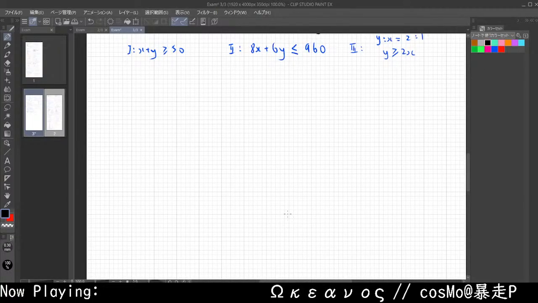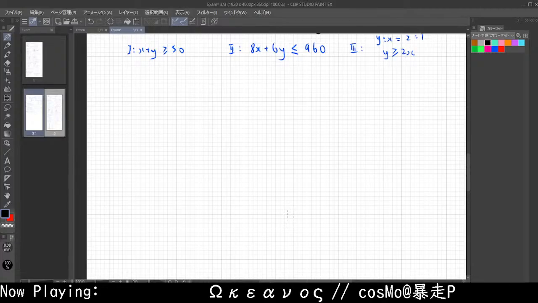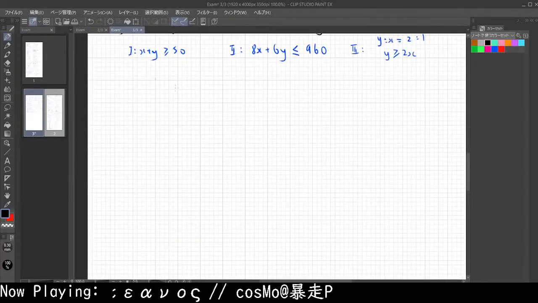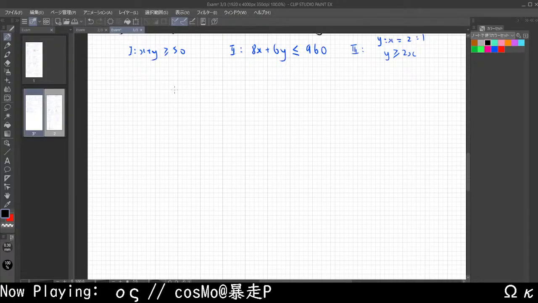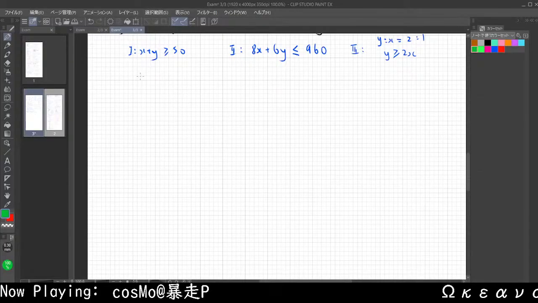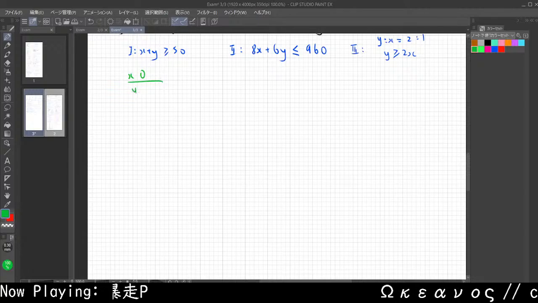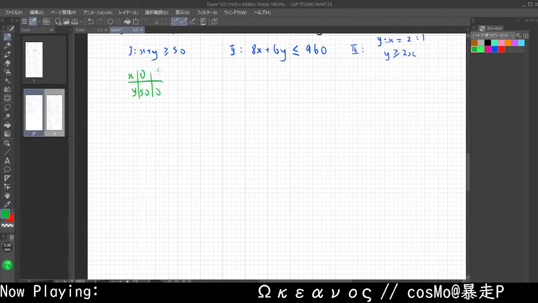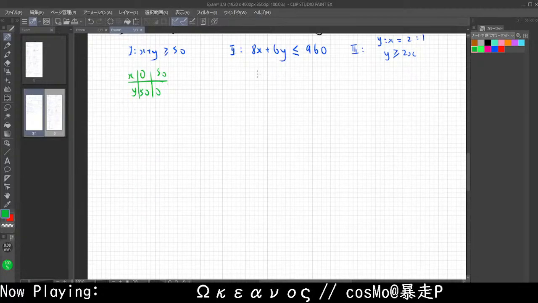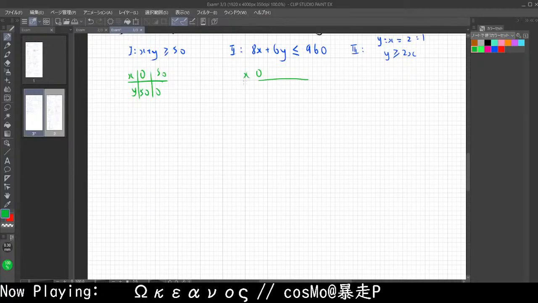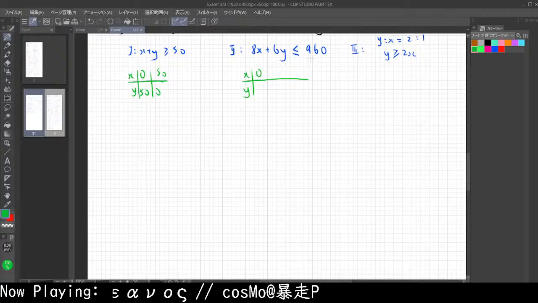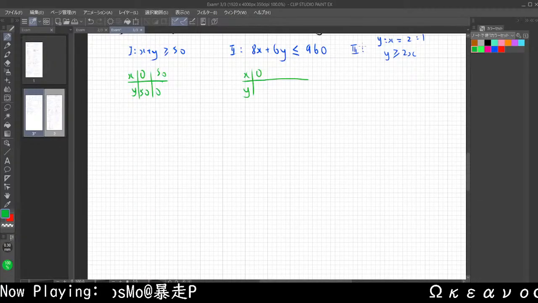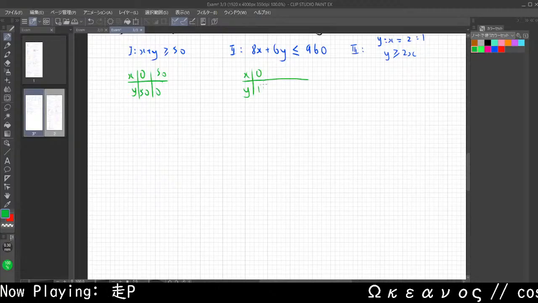Using a scale of 2 cm to 20 components. When your x is 0, your y is 50. When your y is 0, your x is 50. When x is 0, your y, bringing it over to the right, you will get 160.